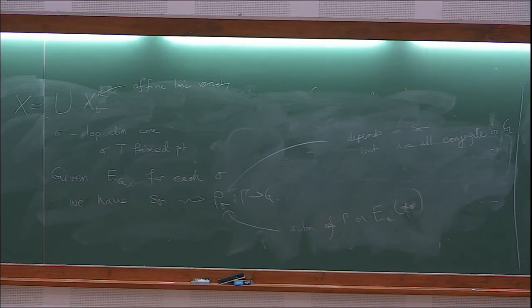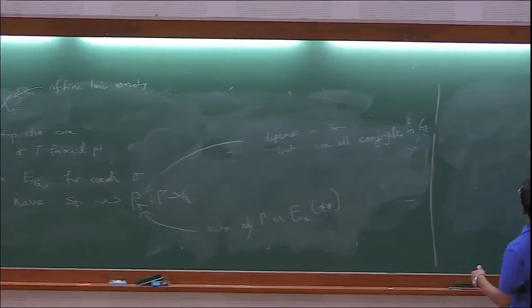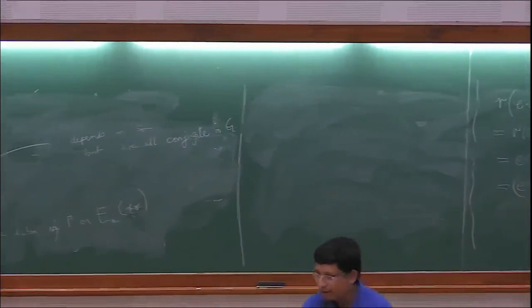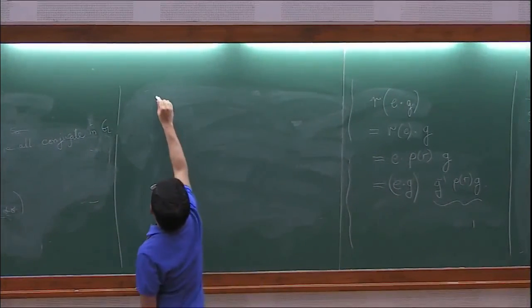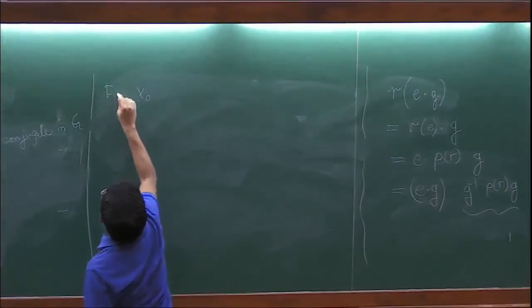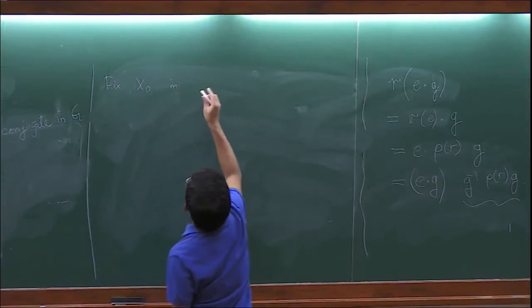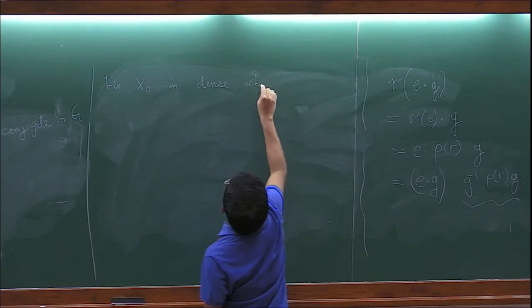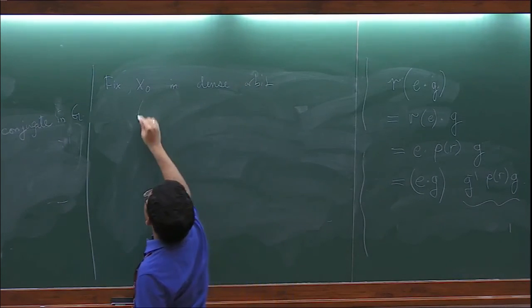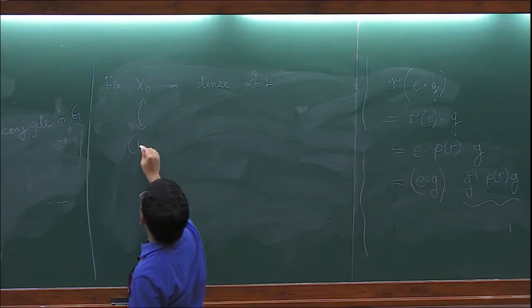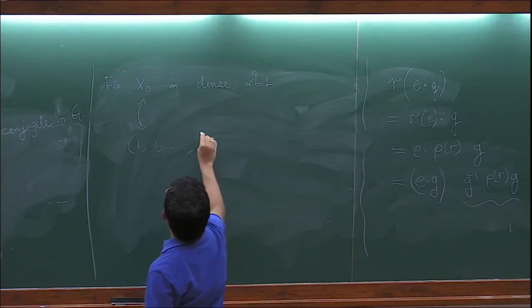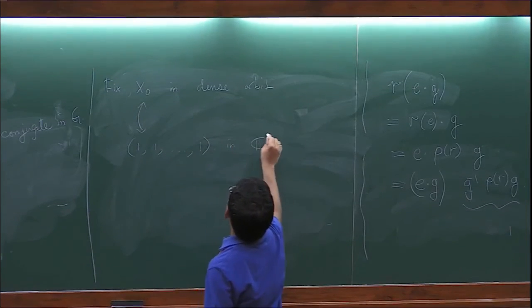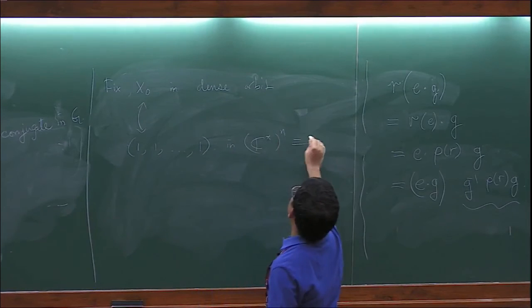Now what we can do is fix a point x0 in the dense orbit. You can identify this x0 with the element 1, 1, 1 in C star to the n, the torus.